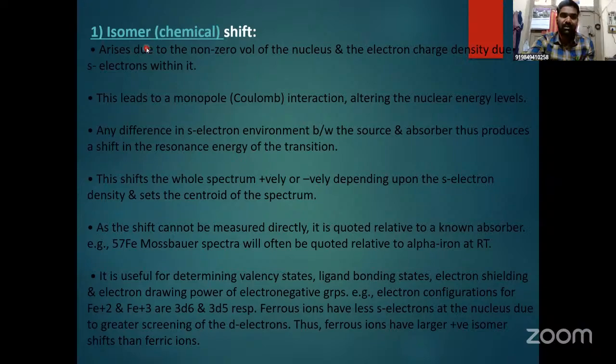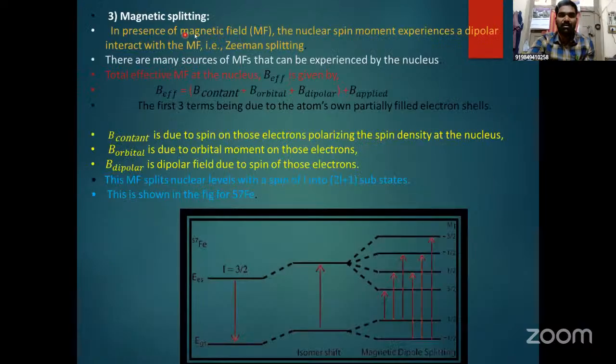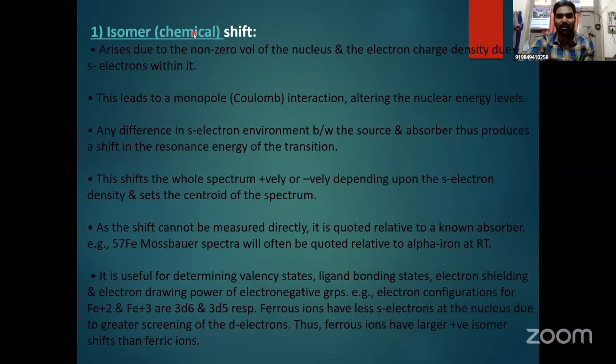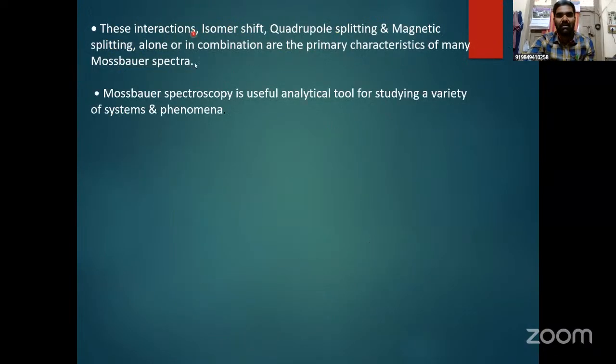Either isomer shift, quadrupole splitting, or magnetic splitting individually, or a combination of chemical shift, quadrupole, and magnetic field, are the primary combinations and primary characteristics of the Mössbauer spectrum.